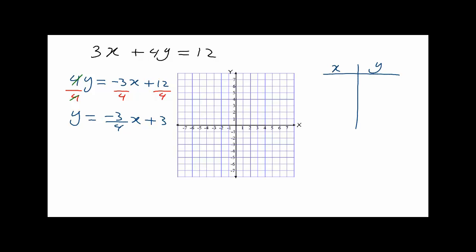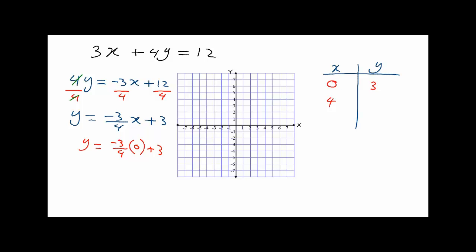So if we assume that x is equal to 0, substituting in this equation, y is going to be equal to negative 3 over 4 multiplied by 0 plus 3, and this will give you y equals 3. Now let us assume that x equals 4.